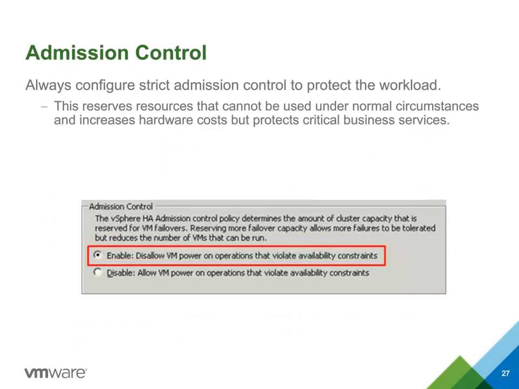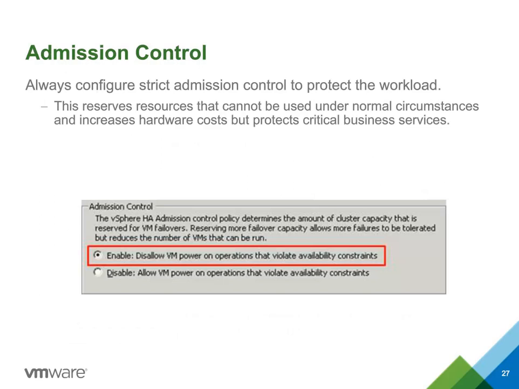And as you can see here, we have a screenshot from the Create HA cluster wizard. And in the screenshot, you can see that you actually have the ability to turn on or off this admission control capability. But as this slide points out, you should always have admission control enabled.